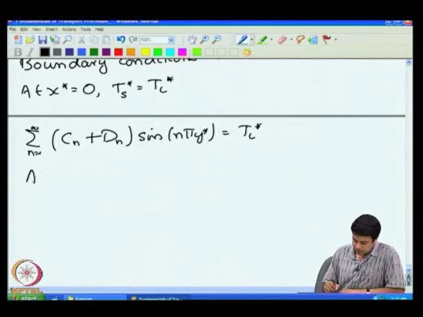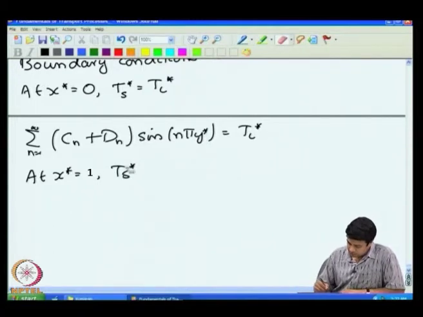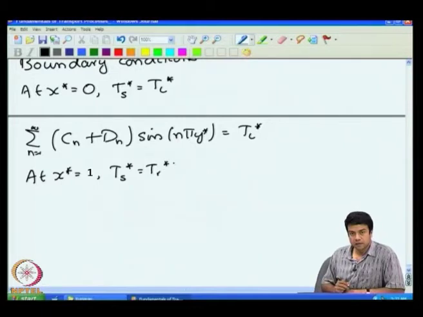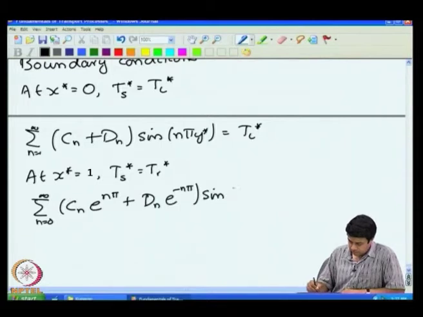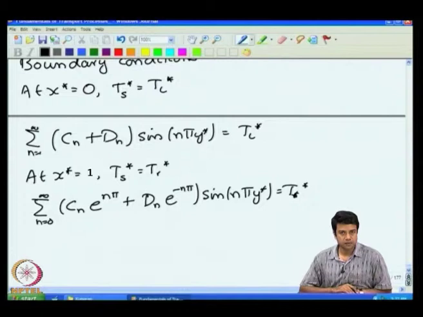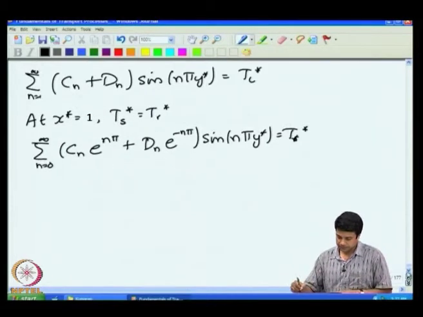The other boundary condition is that at x star is equal to L, T s, which implies that the summation... So, from these two boundary conditions, we have to evaluate the constants C n and D n.